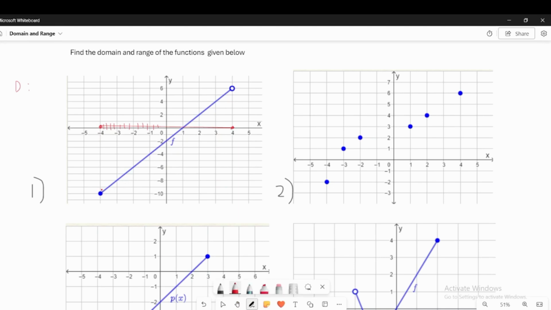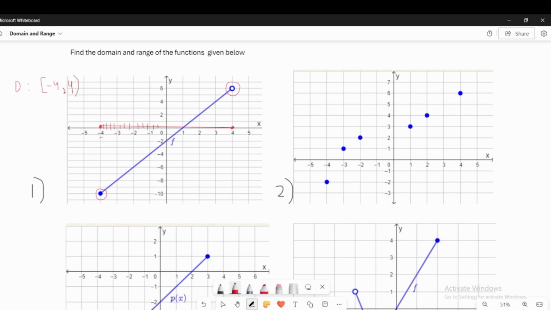You can see here that this end is closed and this end is open. So you are going to put the same type of brackets in the interval notation. We know that for a closed interval we have square brackets. That means it would be a square bracket, and here the number is -4 to +4. But on +4 there is a hollow circle. That means it's an open interval.